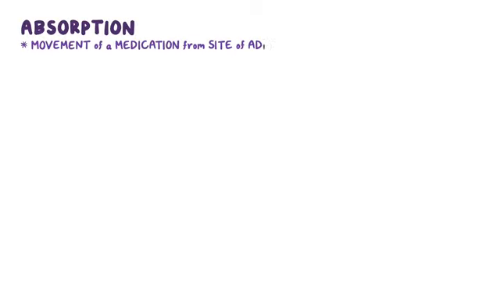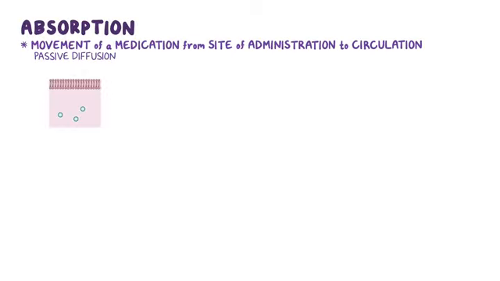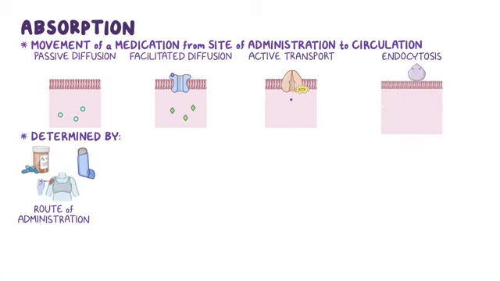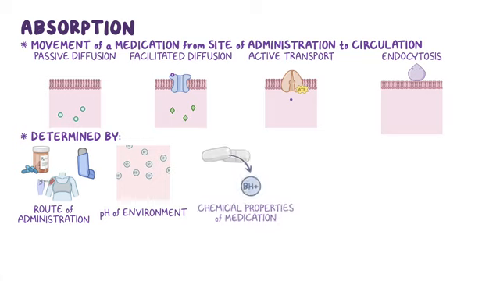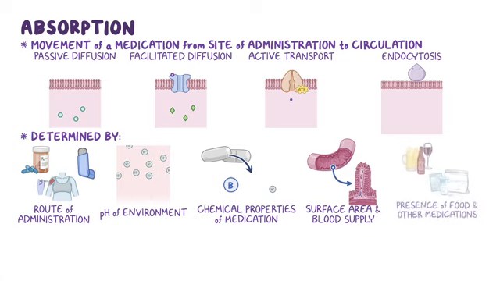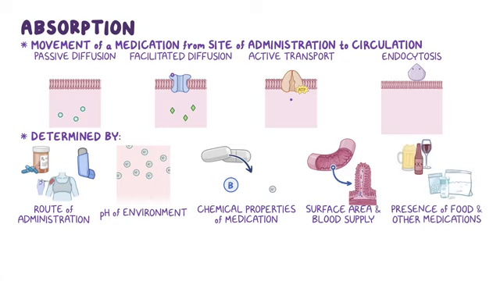Alright. As a quick recap, absorption refers to the movement of medication from the site of administration into the circulation. It can occur through passive diffusion, facilitated diffusion, active transport, and endocytosis, and is determined by the route of administration, the pH of the environment, the chemical properties of the medication, the surface area and blood supply of the absorptive surface, the amount of contact time with the absorptive surface, and the presence of food or other medications in the gastrointestinal tract.